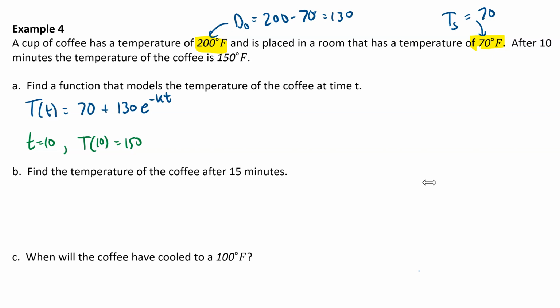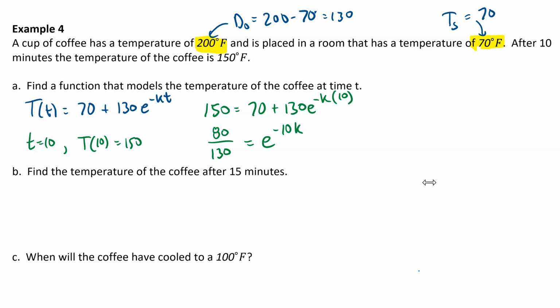So the equation that we can use to solve for K is 150 equals 70 plus 130 e to the negative k times 10. If I subtract 70, I get 80, and if I divide by 130, I get 80 over 130 equals e to the negative 10k.